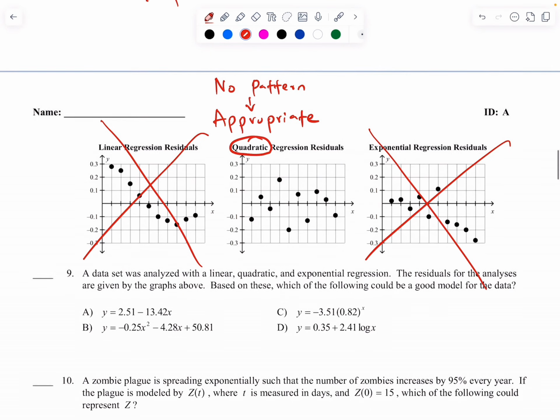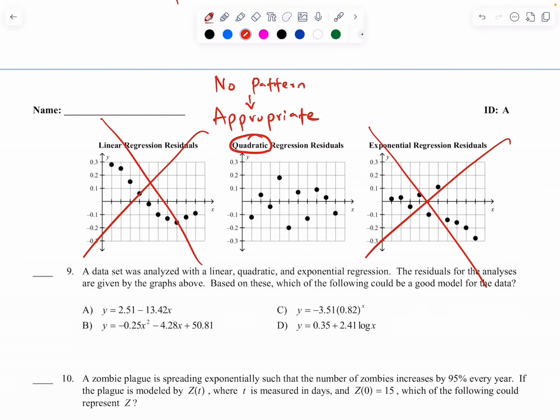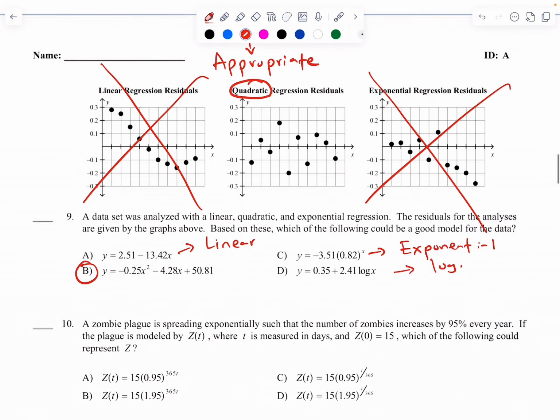Going back to the answer choices, you will notice that the only one that has a quadratic function is option B. What do you notice about A? This is linear. What do you notice about D? This is a log model. Because of that, the answer is option B.